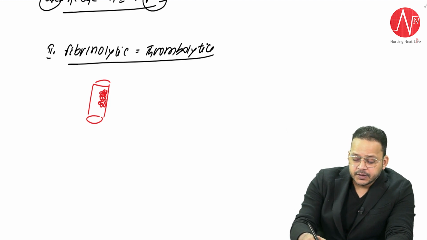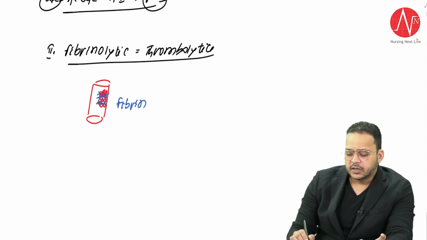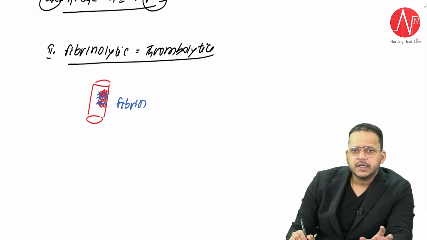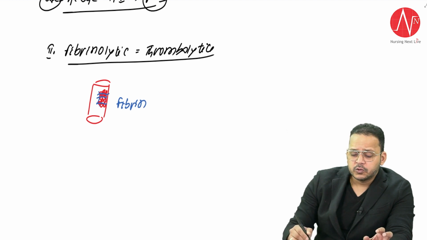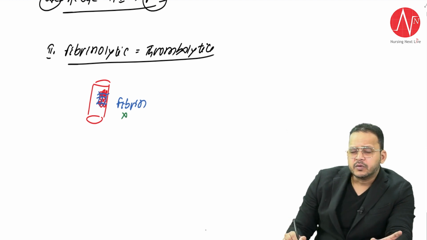And then fibrin comes here and produces a mesh of network. And this is how your thrombus has been formed. Now, to break down this thrombus, I have to break this fibrin to remove this mesh and dislodge this clot.